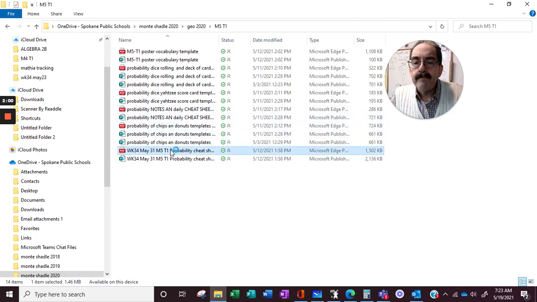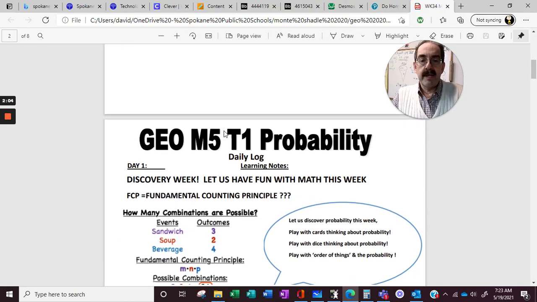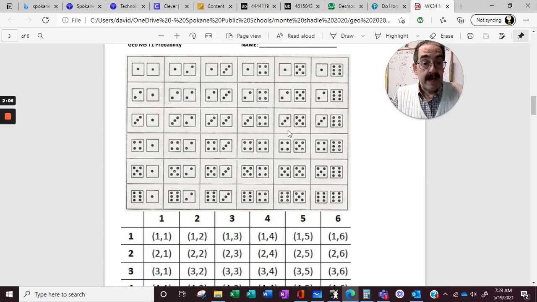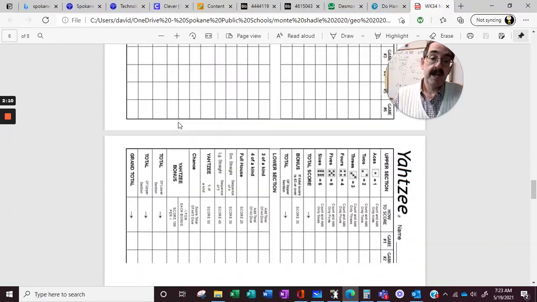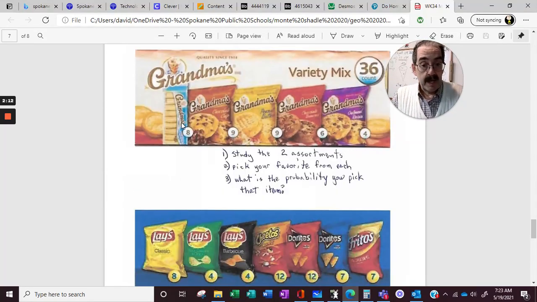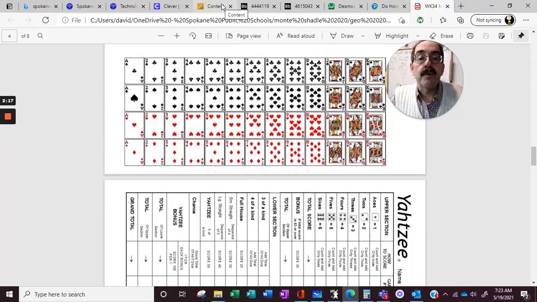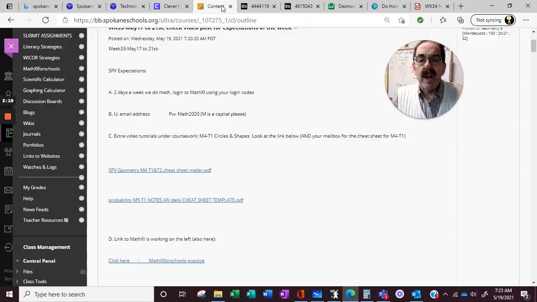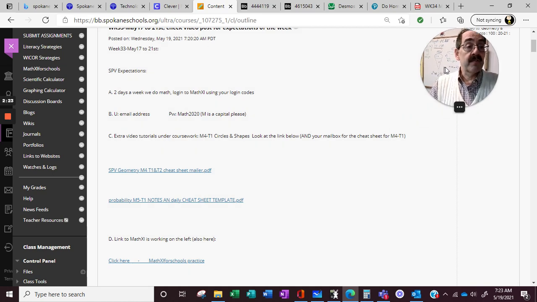There we go. Yep, this is the one I'm going to post, okay? So we have probability, then we have a set of dice, and a set of cards, and a Yahtzee sheet, okay? Because these are the types of things we study in probability. I posted the wrong one there, so I'll leave that here, and then I will get that changed right here, all right? So let's get started for this week.